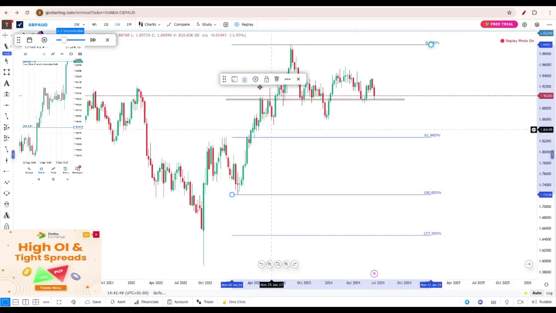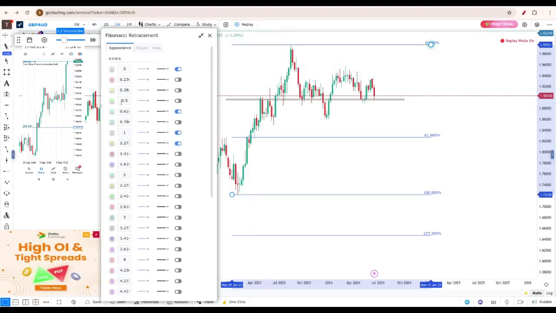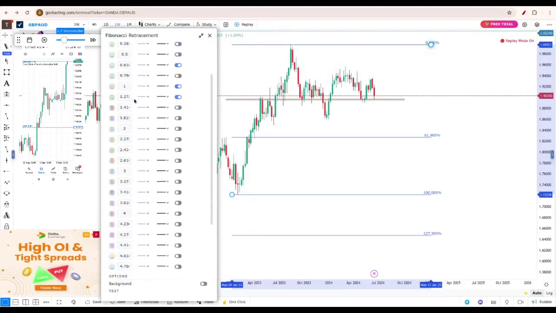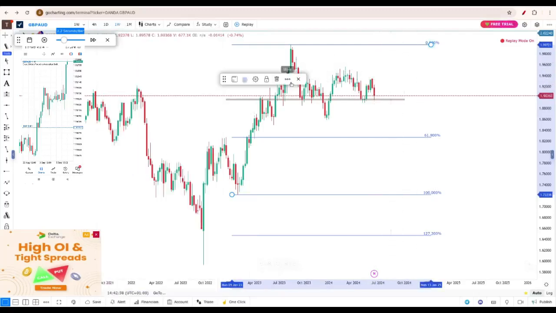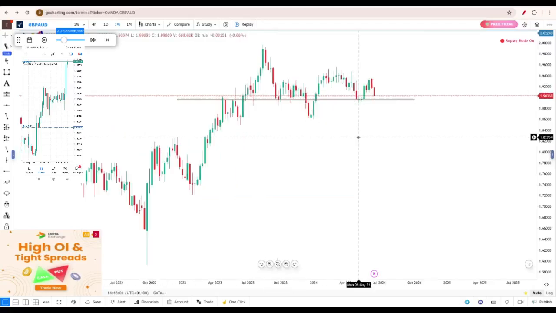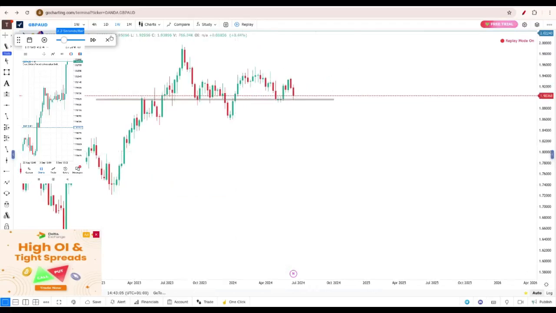Low, high here. Okay, let me just move on to, I'm going to show you how I enter the fib level later. So now I just go to the daily time frame.